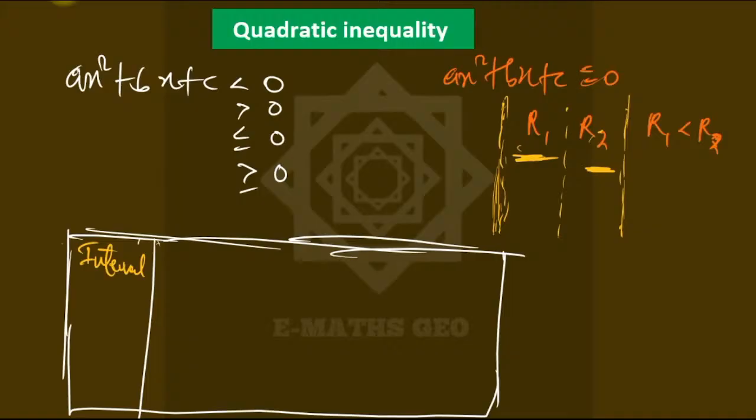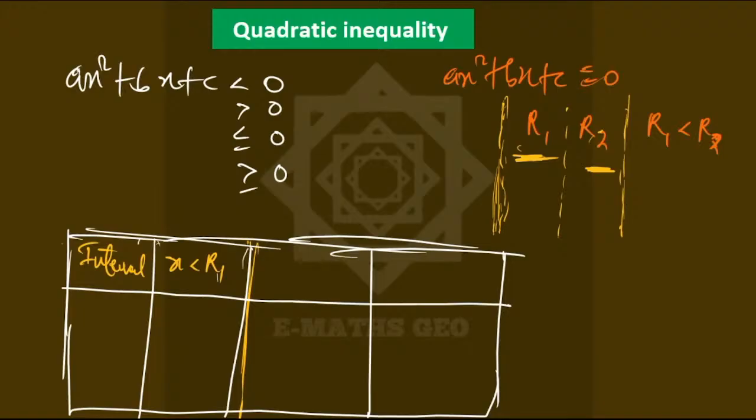Numbers less than the smaller one, so when x is less than R1; numbers between the two, which is numbers between R1 and R2; and finally, numbers greater than R2. So these are the answers. So it will fall within this range.